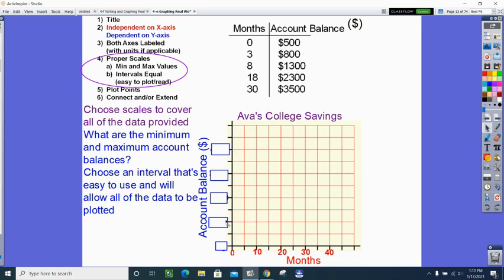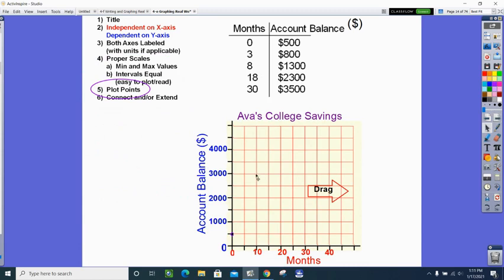Are you with me? So I chose to go by 500 each block. So 500, 1,000, 1,500, 2,000, 2,500, 3,000, 3,500, 4,000. You don't have to write the numbers on each one, but if you find yourself messing up, feel free to do it. Okay, now, once I've got that, I'm going to head to plotting these points.